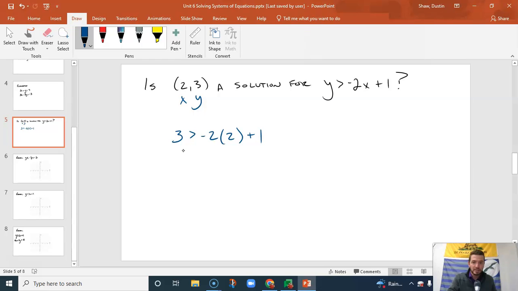All right, so negative 2 times 2 is negative 4. So 3 is greater than negative 4 plus 1. And then negative 4 plus 1 is negative 3. So 3 is greater than negative 3. And what you're looking for is, is that a true statement? So 3 is greater than negative 3. This is true, and that means the answer is yes.